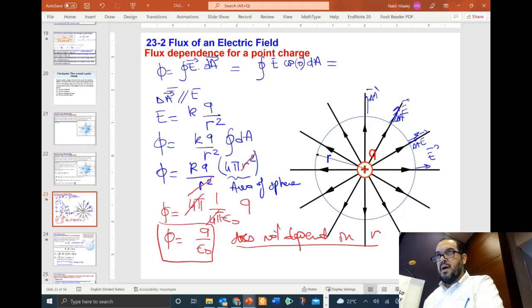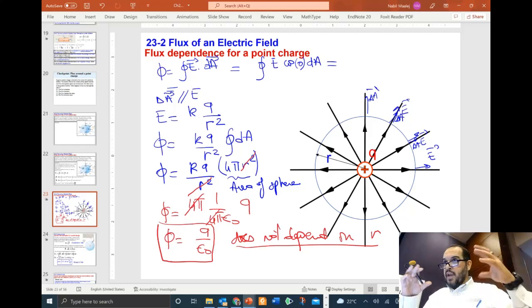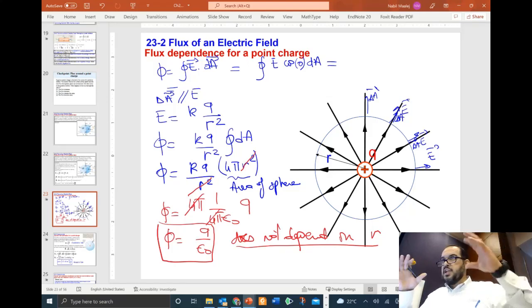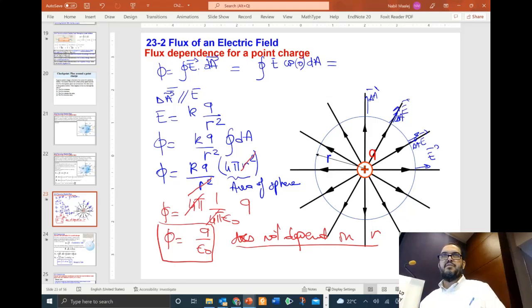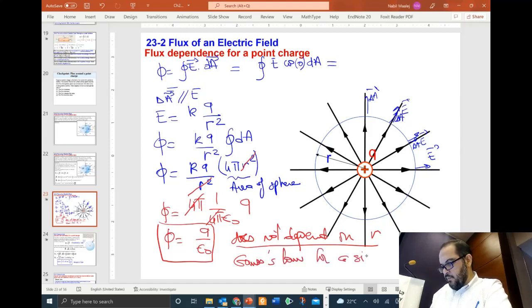When Gauss observed this, he generalized this rule. He said that for any closed surface, the flux through that closed surface is just equal to the charge inside it divided by epsilon 0. So we have just derived Gauss's law for a single charge, or a point charge.